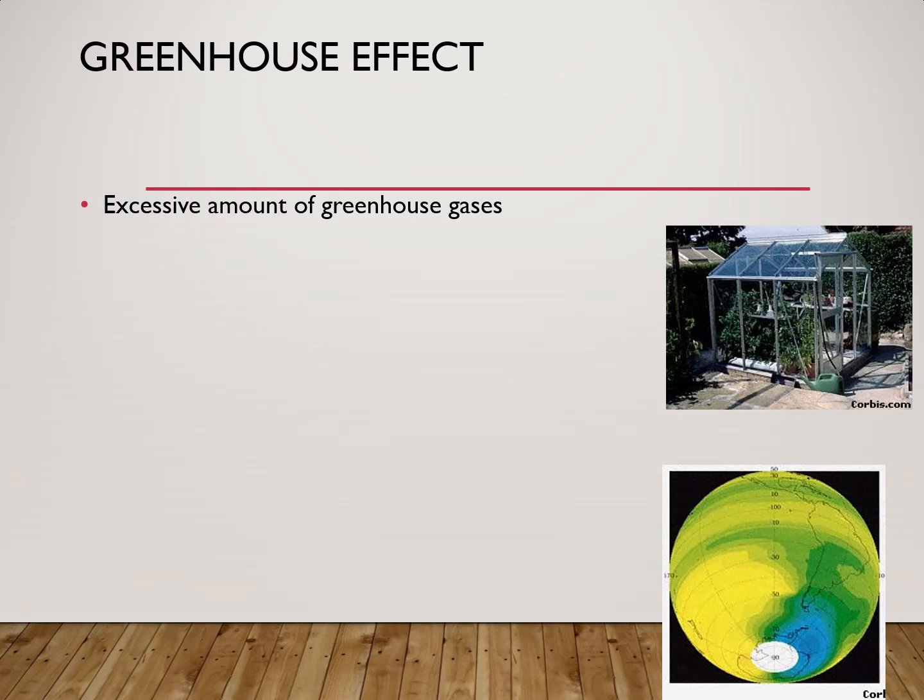But because of human activities like vehicles, industries and other activities, we are giving out more and more gases which act as greenhouse gases, and they absorb more heat given off by the terrestrial radiation of the earth. As a result, the earth's temperature, that is the atmosphere's temperature, goes on increasing.